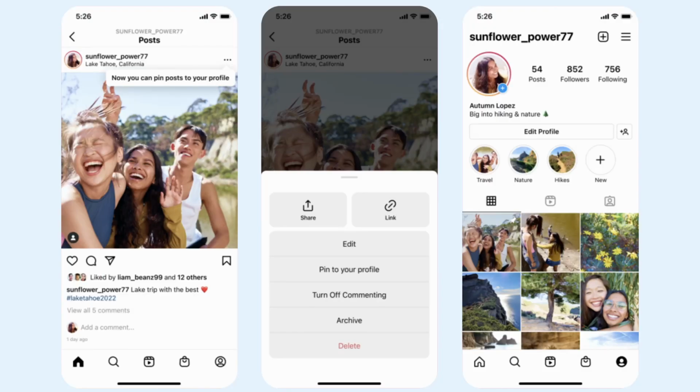That means your brand needs to be cohesive and the aesthetic needs to be clean and looking good, as well as the first 9 posts on your feed need to be the best posts. And also make sure you're utilizing the pin section. You have the pin section to give people the information that they need as soon as they go on your page. So make sure you're utilizing the pin feature for your first 3 posts. Otherwise, you'll just be wasting money.